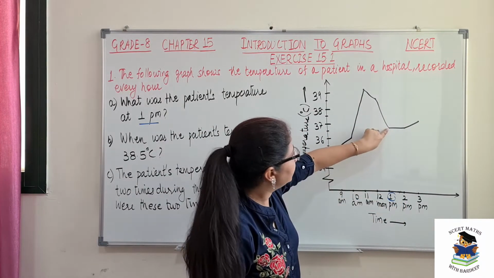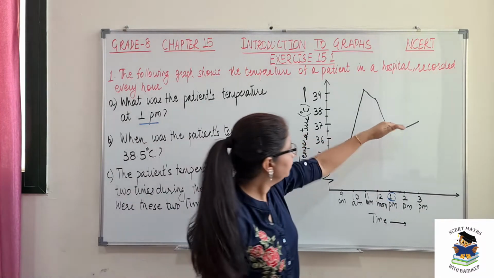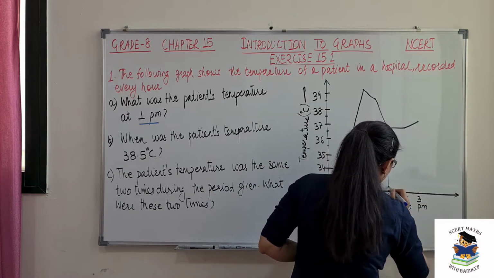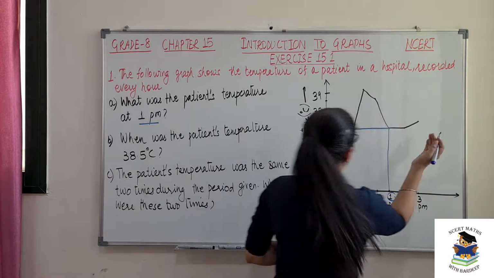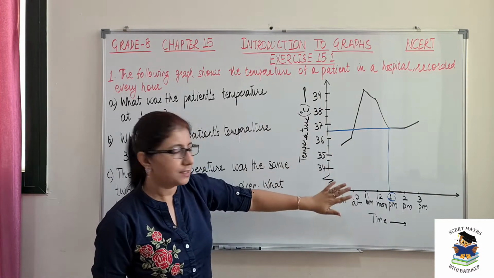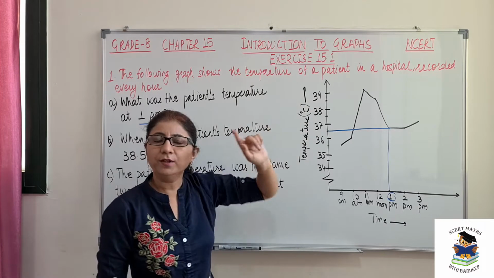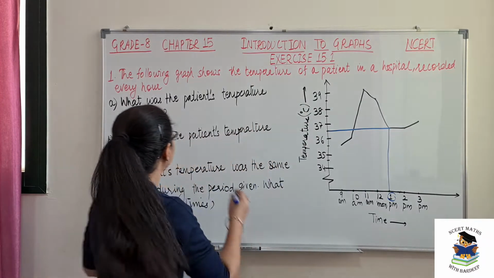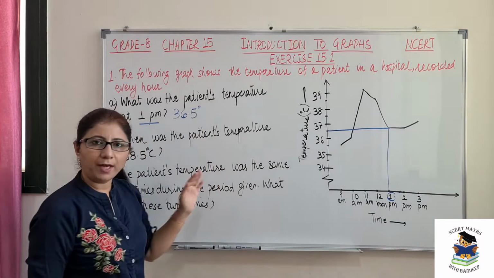So this is at this point, and then we will come towards this axis, to see where this point meets at y-axis. So we can see this is in the middle of 36 and 37. So the temperature is 36.5 degree. Okay. So first part answer is 36.5 degree.